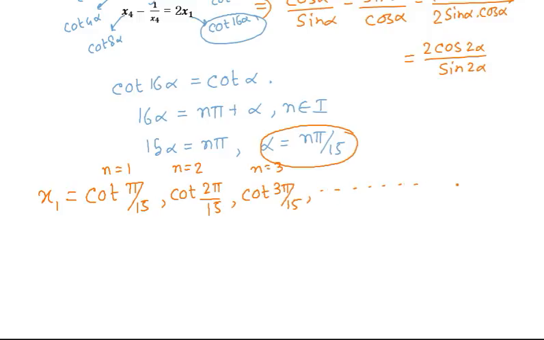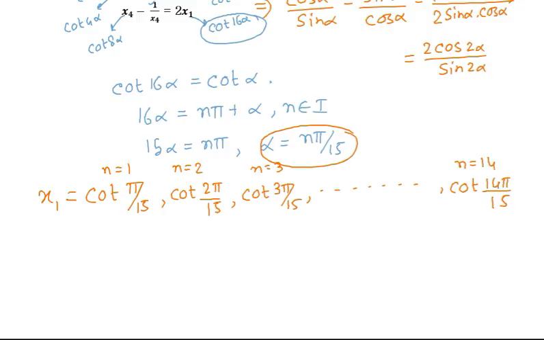In this way, we get the consecutive values of x1 to be cot pi by 15, 2 pi by 15, 3 pi by 15, 4 pi by 15, and the chain will continue up to n equal to 14, which gives cot 14 pi by 15. After that, for n equal to 15, alpha will come out to be pi and cot alpha again will be undefined.